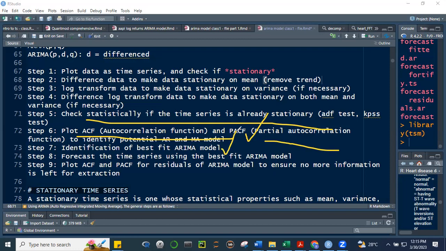That's why itong part na to, identification of the best fit model, given the values of the model na generate ni R, hanapin natin pinaka-best model. Actually, identify din niya kung ano yung best model. Okay? And then after choosing the best model, then we can now do a forecast. After we have the model, pwede natin i-forecast.